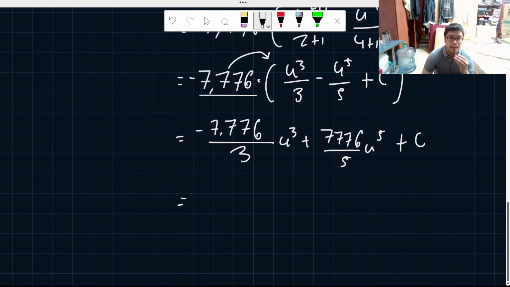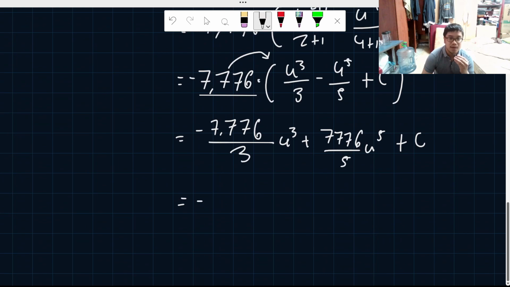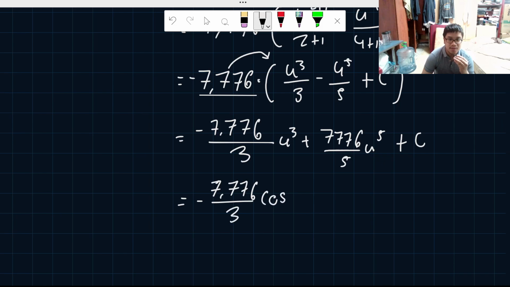All right. Then the u is your cosine theta, right? So we can simply rewrite this as negative 7,776 over 3 times cosine cube of theta plus 7,776 all over 5 times cosine of fifth theta plus c.